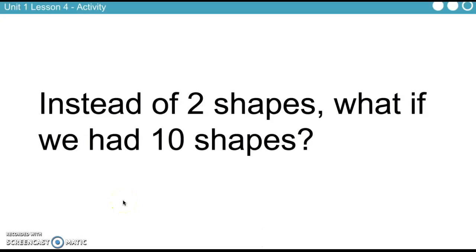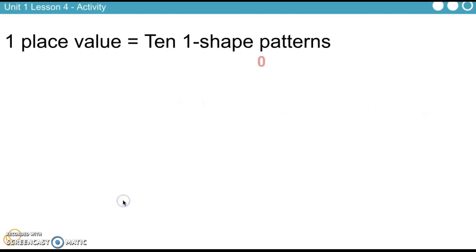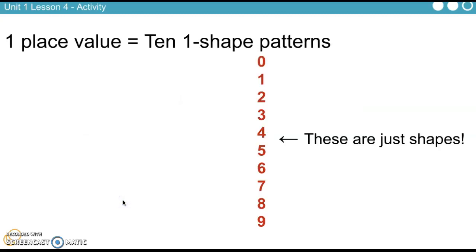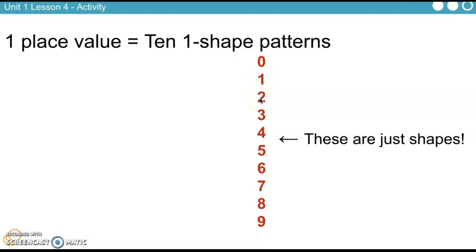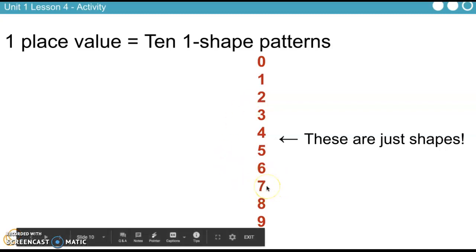Instead of 2 shapes, what if we had 10 shapes? This is going to seem much more familiar to you. They're just shapes, right? We're used to believing that these have some significance, but it's just because our experience is that this represents a 0 and a 1 and a 2. But if we go back to 2 days ago and we were thinking about all the different ways to represent the number 7, this is an arbitrary shape.